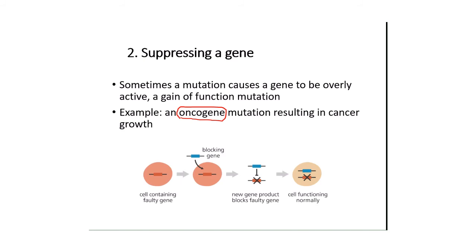rapid uncontrolled cell division. So in those cases, we would want to introduce a suppressing gene. By inserting a gene into the cell with the faulty gene, this gene is going to be able to block the expression of the mutated gene, and so it resumes the normal cell activity.